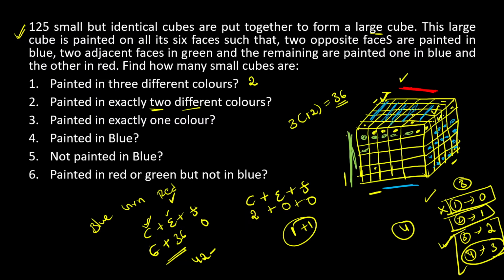Among these, you will find these three, so these three are to be subtracted. Same is the case with this edge. This is painted in blue, even this is painted in blue. So we need to subtract these three as well. Same is the case with the green and green combination here. So three such cubes. So it's 42 minus 9, which gives you 33.